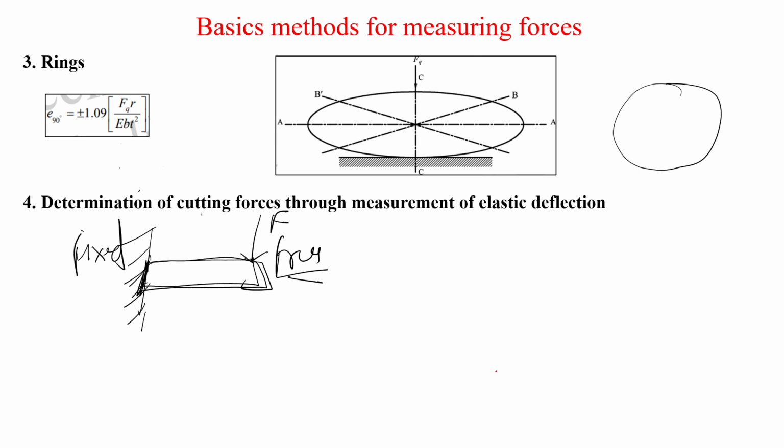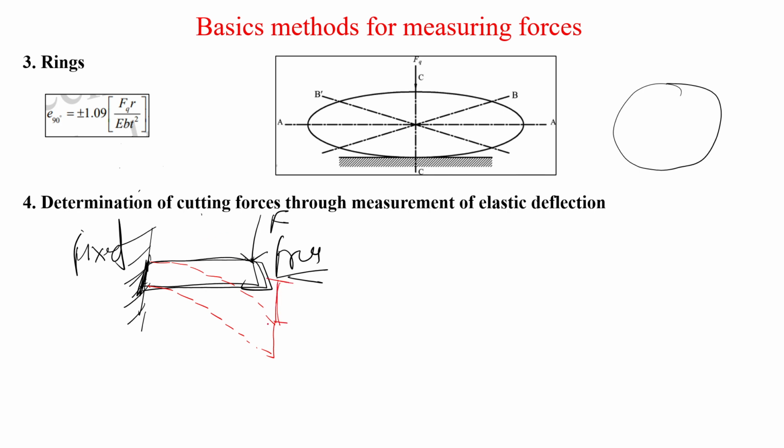So see, this is the beam and one force is acting. Because one end is free and one is fixed, there will be some deflection. This beam will deflect and become like this.